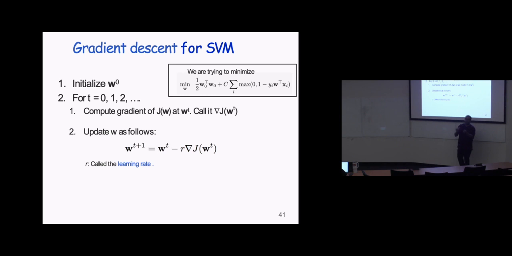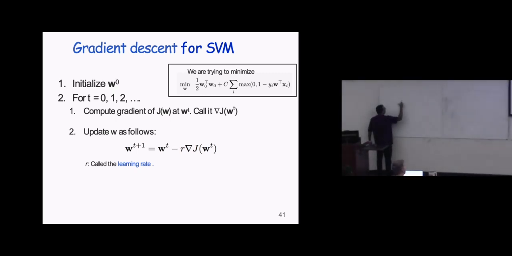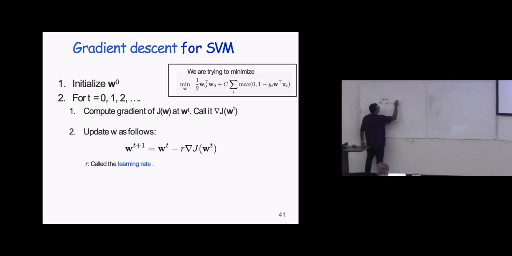You can experiment with that. So at each iteration, your W is whatever you had previously minus, and the minus is because of gradient descent. You are going in the opposite direction of the gradient.